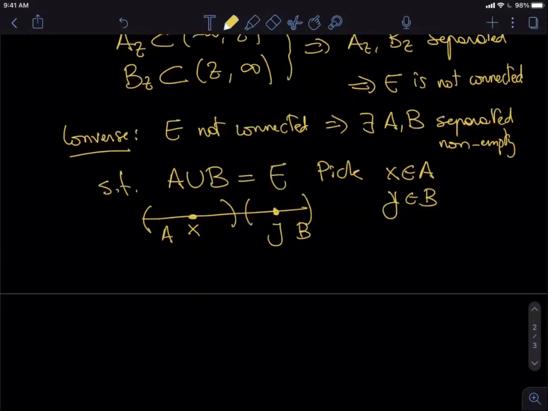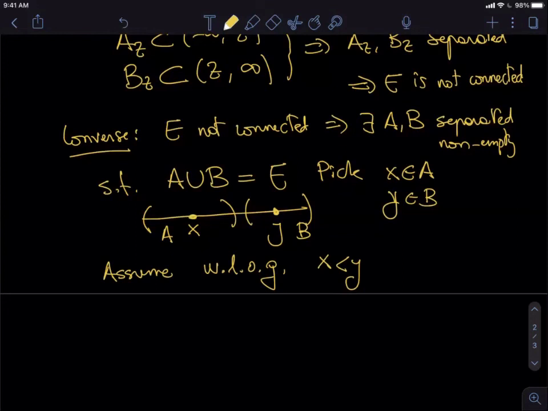We can assume without loss of generality that x is less than y, because otherwise we can say y less than x. So either way, it's going to be the same argument.